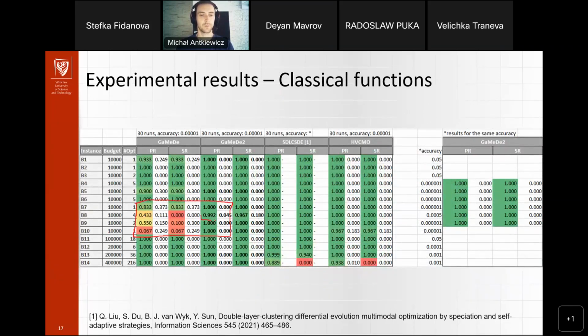It's not 1.0, but compared to double layer clustering, we used higher accuracy. The accuracy they used for this instance is much lower. So if we rerun all the experiments with their accuracy, we achieve higher results. But for the sake of completeness, we just left this result here.